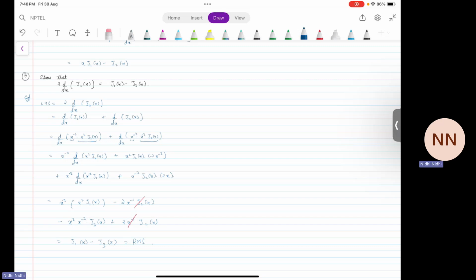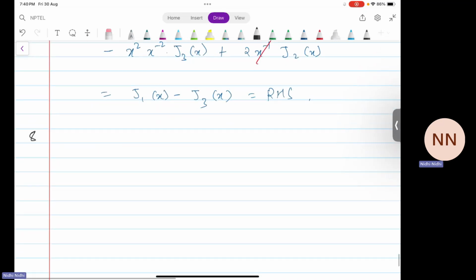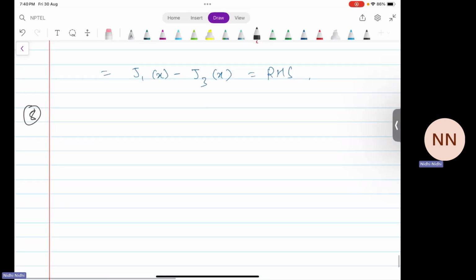Let's move to the next question. Number 8. This would be our last question of this tutorial sheet. So again we'll have to use the recurrence formula.